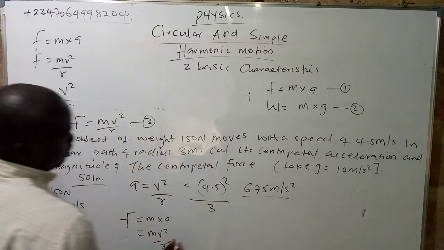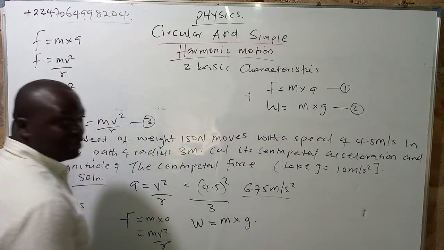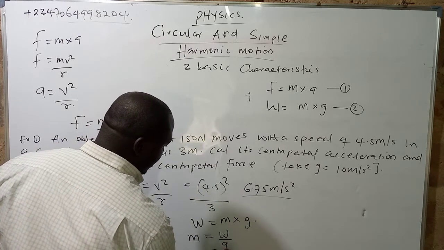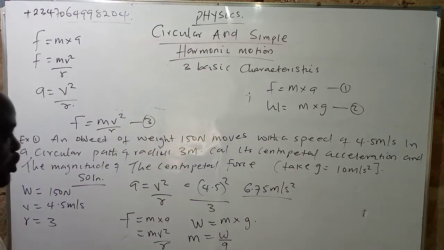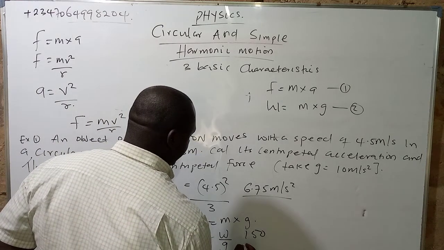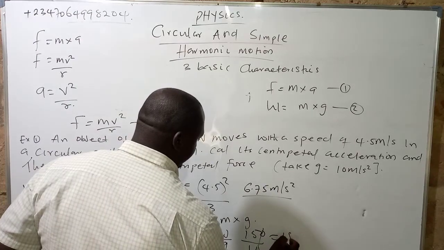But from equation 2, remember that weight is equal to mass times acceleration due to gravity. So your mass is weight all over g, which is 150 divided by 10, and that should give you 15.